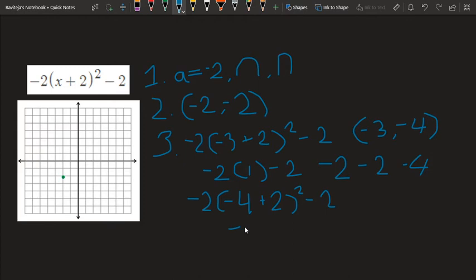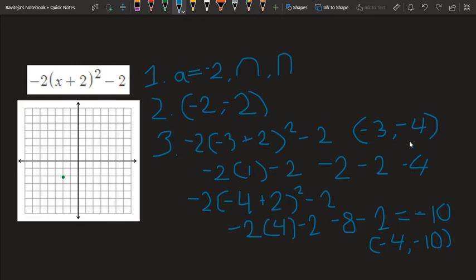So then we have -2 times +4 minus 2. -2 times 4 is -8. So -8 minus 2 equals -10. So that means we have another point at -4, -10.